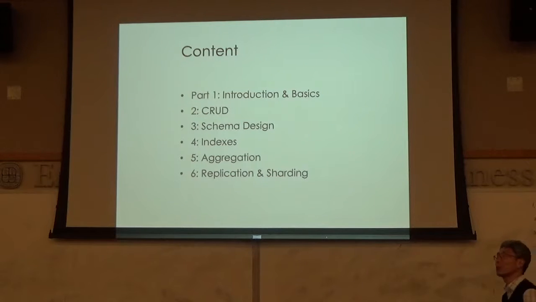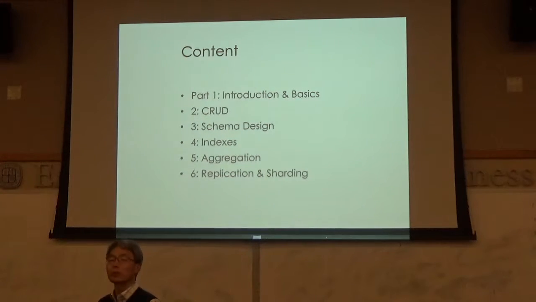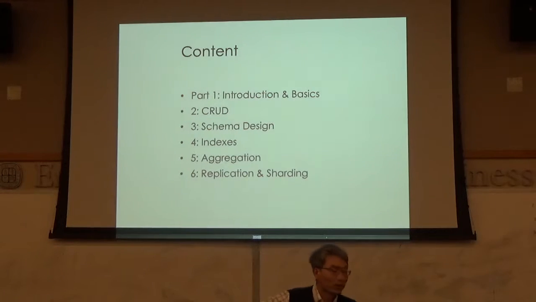The current version of MongoDB is 4.something, but we are going to use the older version, so that the basic features are not changed. We are going to use MongoDB based on the virtual machine that you downloaded.